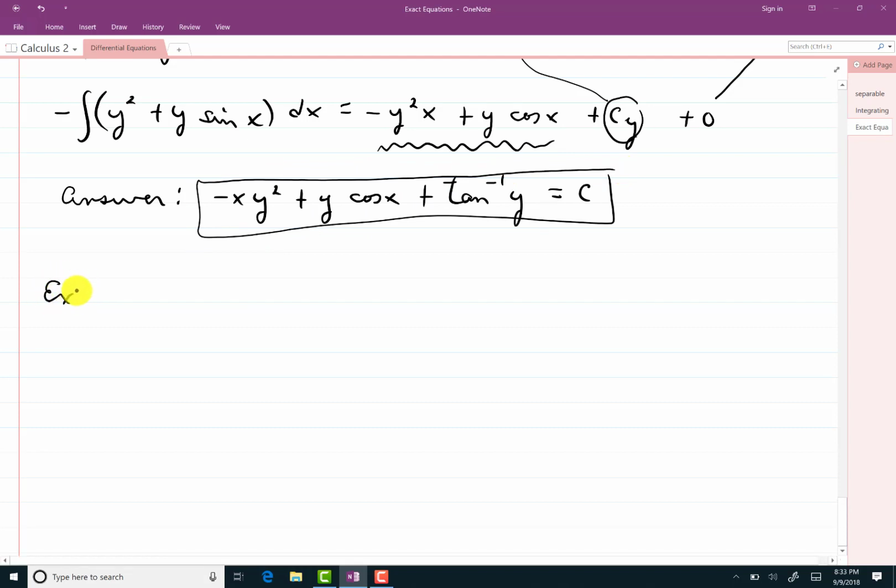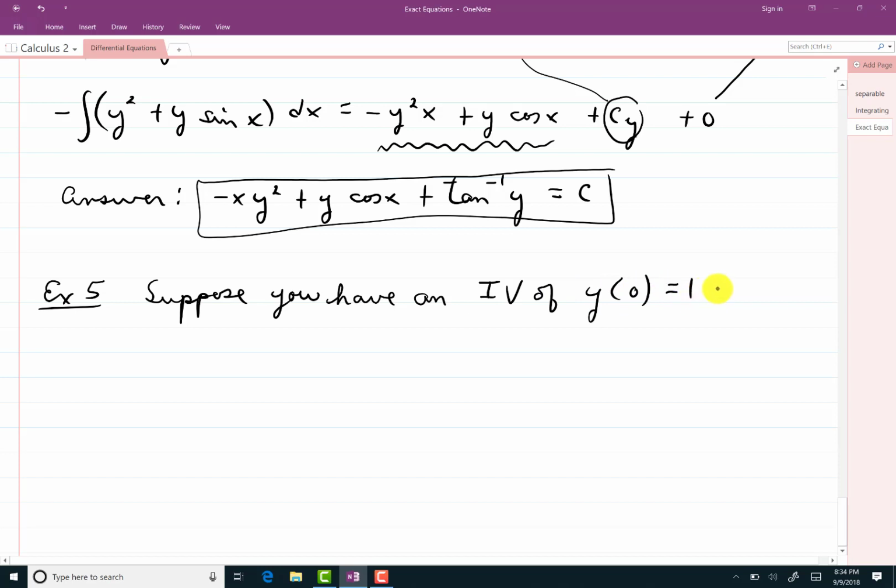For the next example, suppose you have an initial value of y of 0 equals 1 in the previous example.